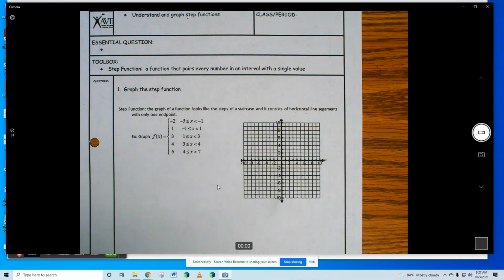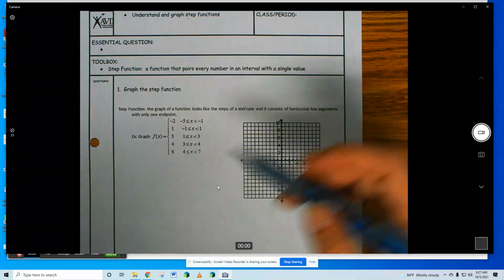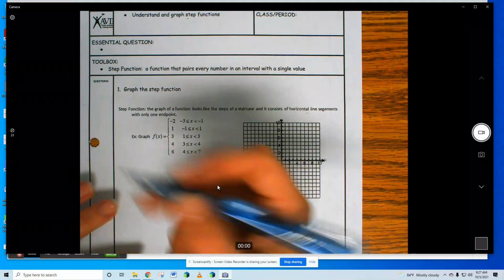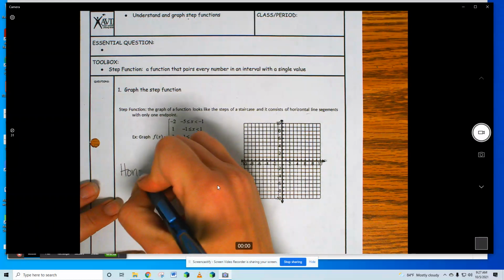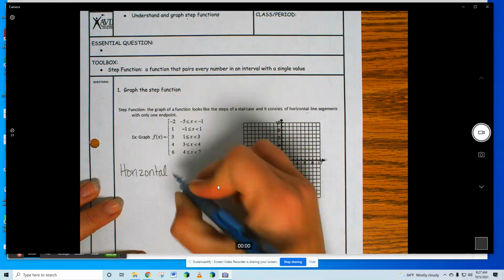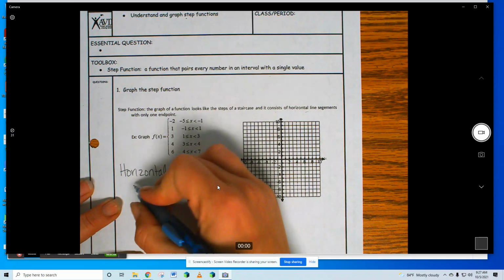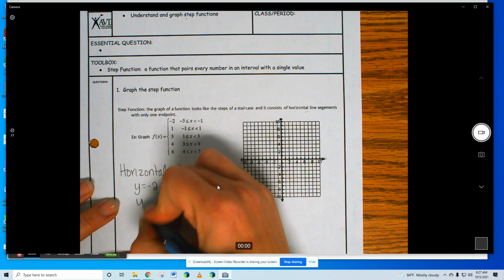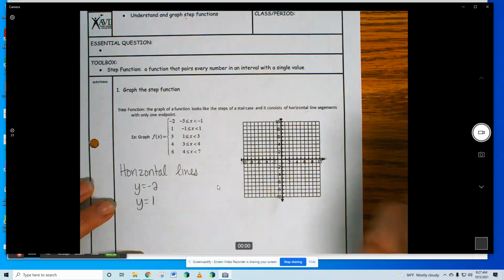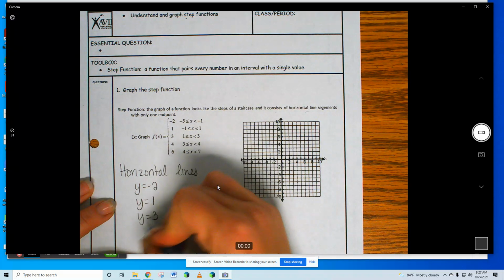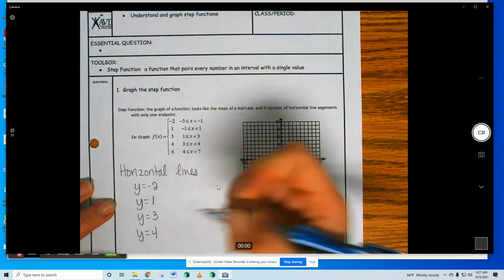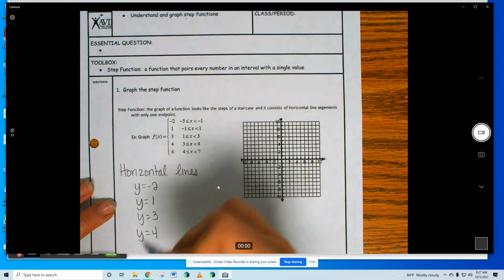These are straight lines, all horizontal lines. Y equals -2, y equals 1, y equals 3, y equals 4, y equals 6.